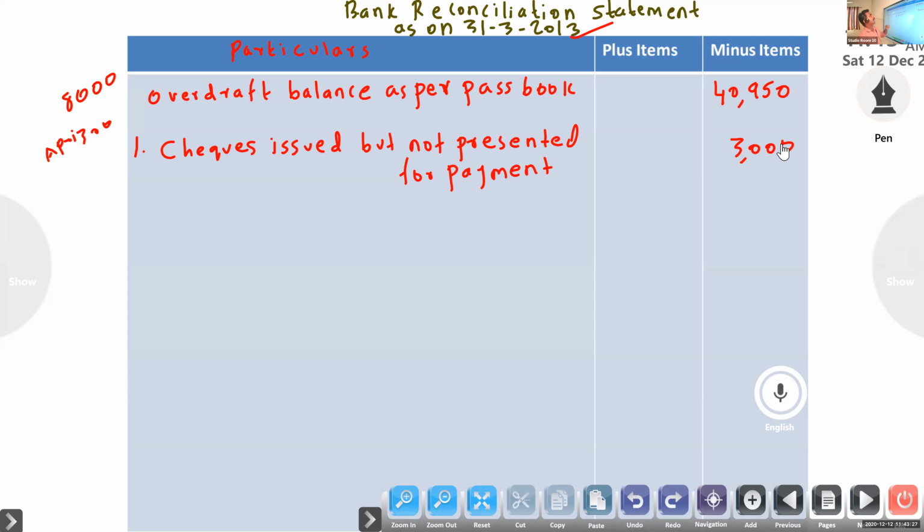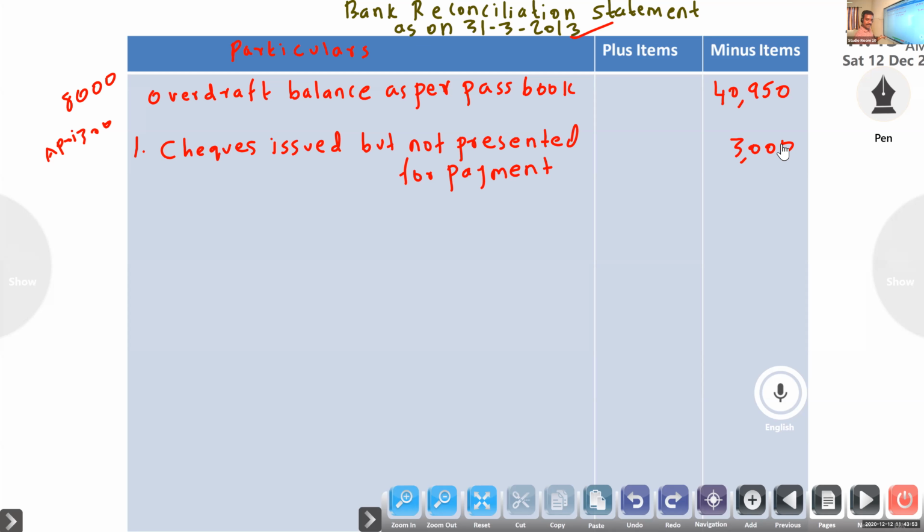When we are preparing the bank reconciliation on 31st March, if the check issued was presented, there is no need to write it. If it is not presented, here out of 8,000, they said 3,000 was encashed in April, so 3,000 only you have to take.